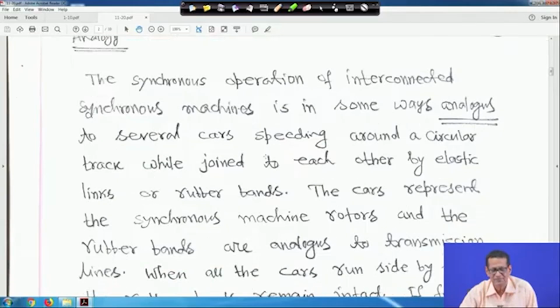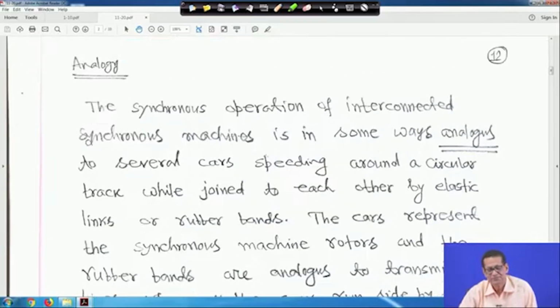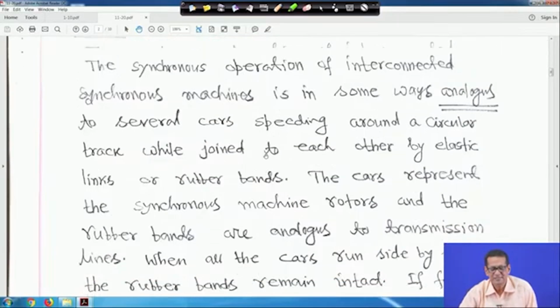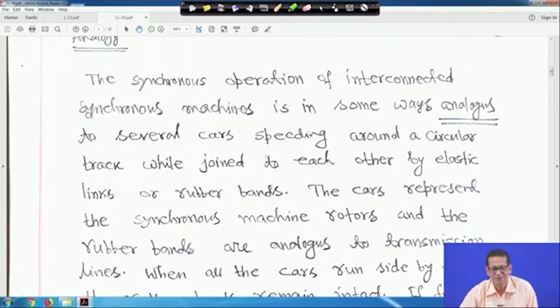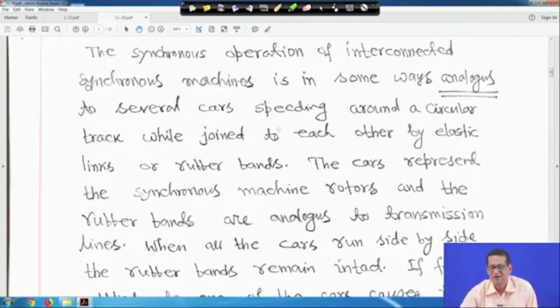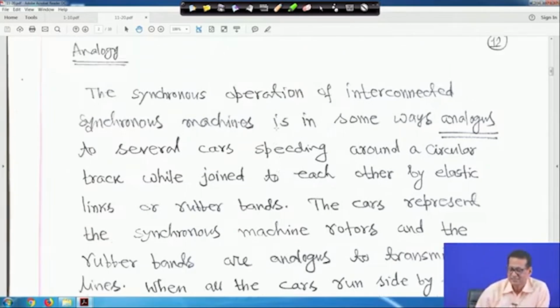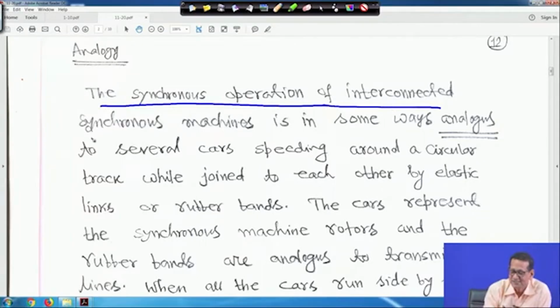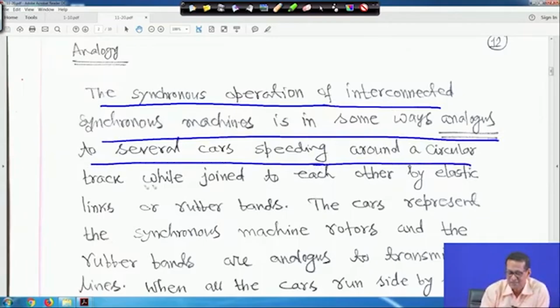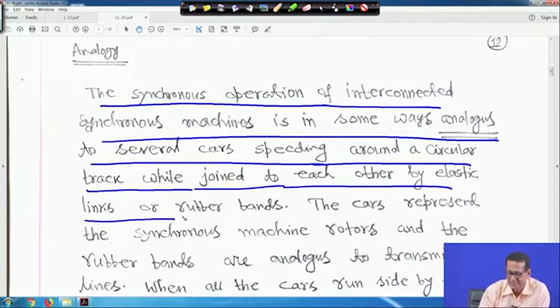Now, this is an analogy regarding falling out of step. The synchronous operation of interconnected synchronous machines is in some ways analogous to several cars speeding around a circular track while joined to each other by elastic links or rubber bands.